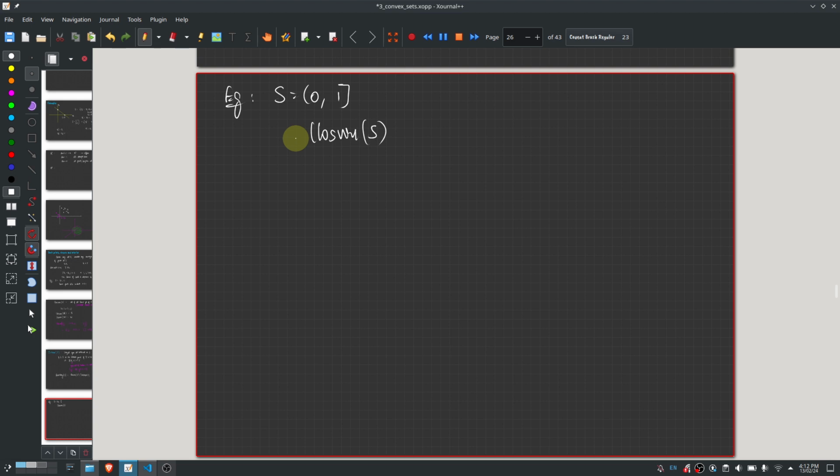Why is it not closed? So there exists one limit point at 0. So I can construct a sequence originating from S that converges to a point that is not in S, which is the element 0. And what is the smallest closed set containing S? That would be the closed interval from 0 to 1.